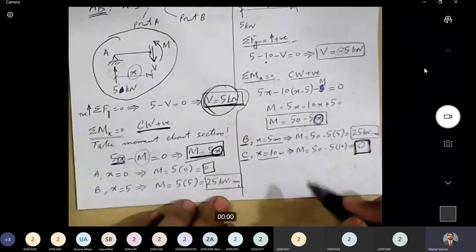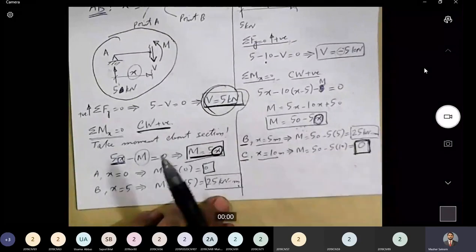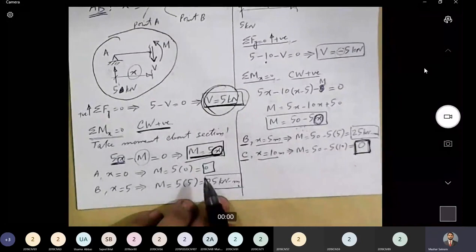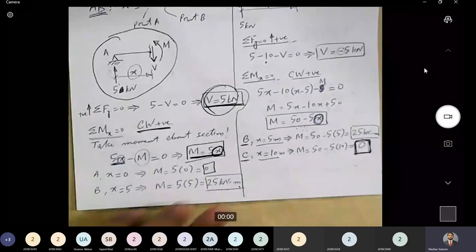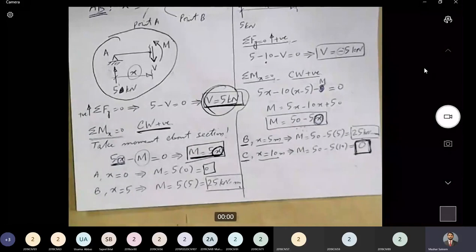Is this logical? Yes, because at point A and point C we have roller and hinge supports, and we know that at hinge support and roller support there can be no bending moment. That's why we got 0 values.